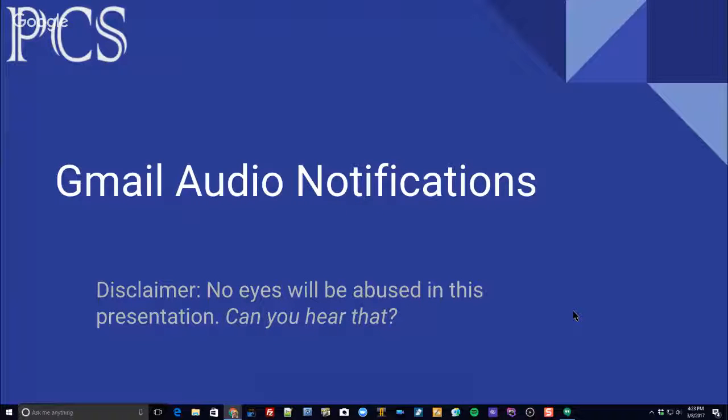Today is going to be a little different discussion than what we usually discuss. In some ways, we're going to be talking about using audio notifications for emails. As you've probably seen before, we get notifications when we get new emails, and we usually get a little chime on our mobile devices that says you have new mail.